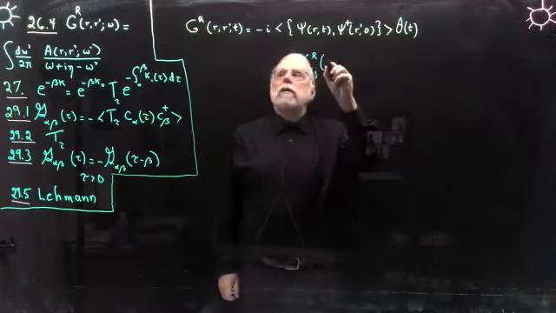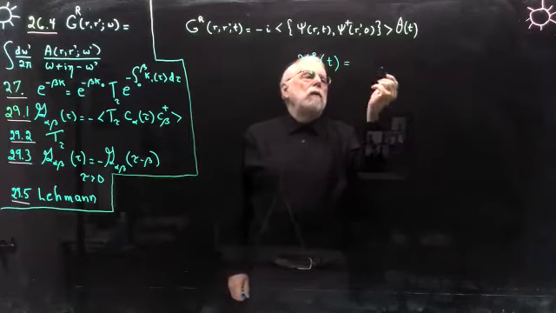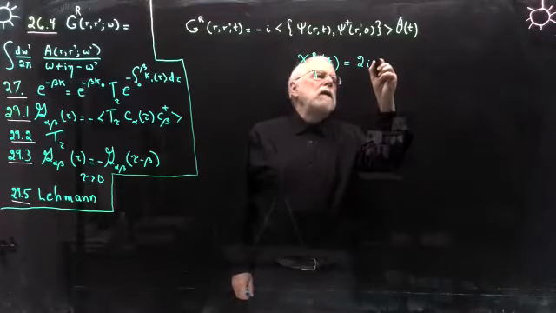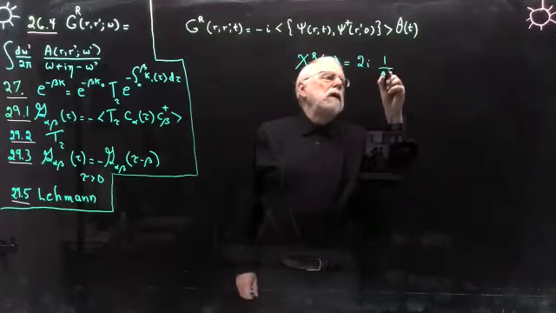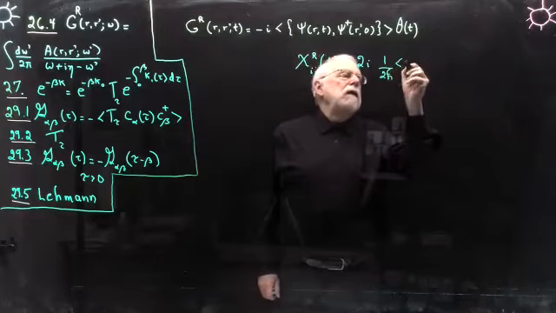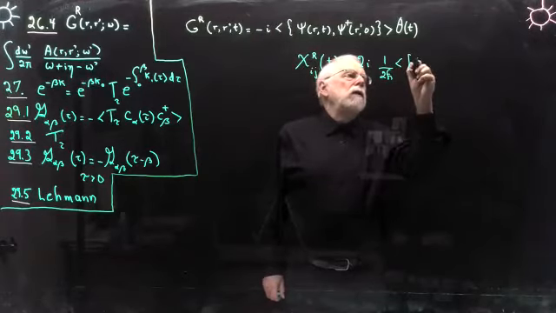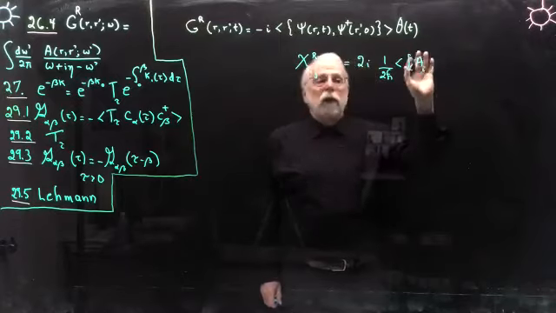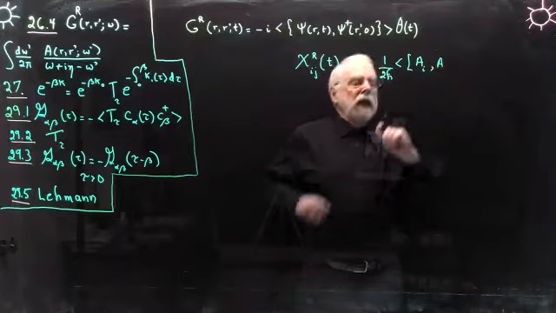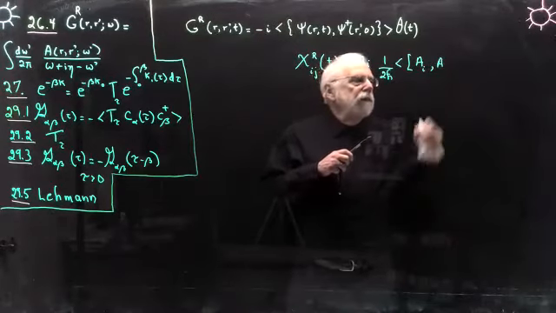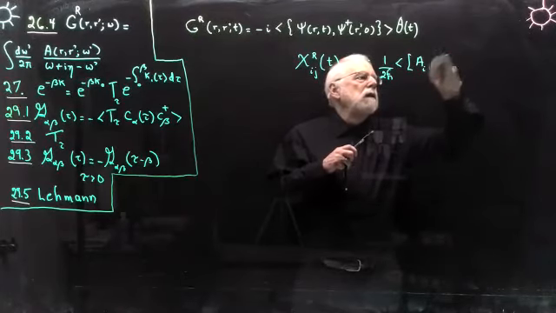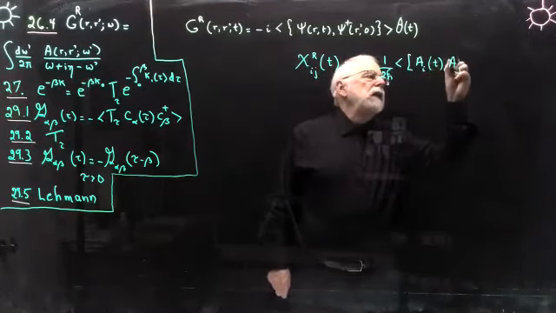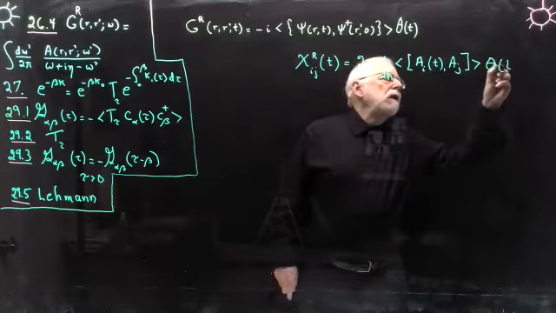Chi retarded of time was equal to 2i times 1 over 2 h bar times the commutator of some operator A_i, that can be density, current, whatever, and A_j of t, times the theta of t.